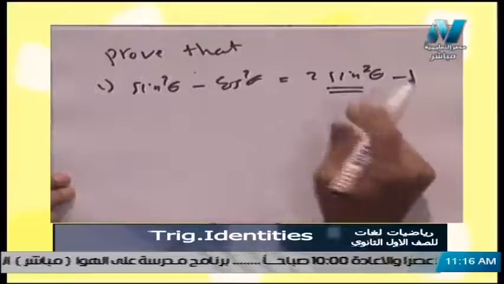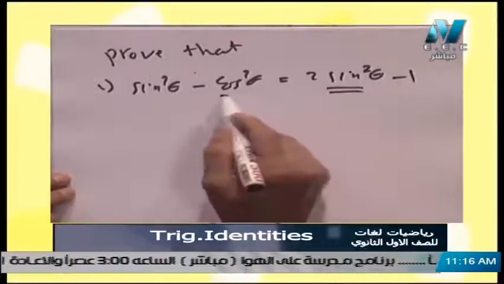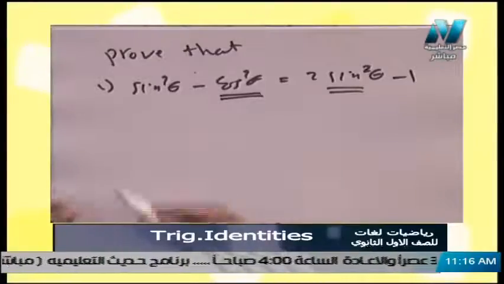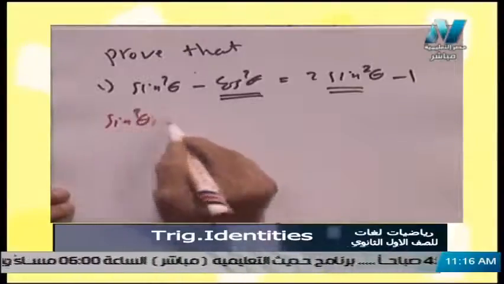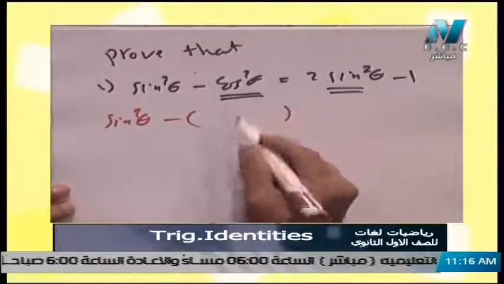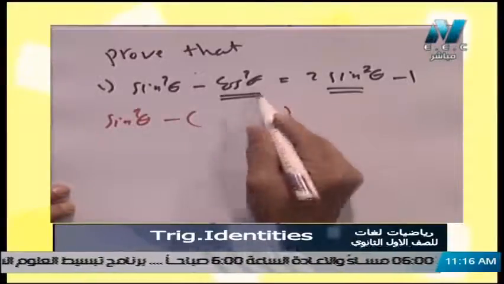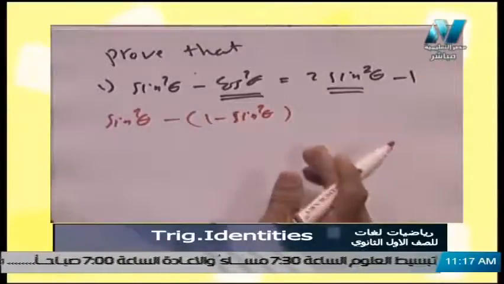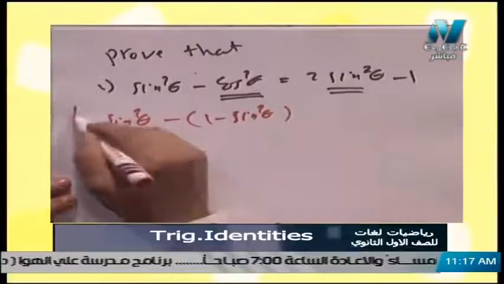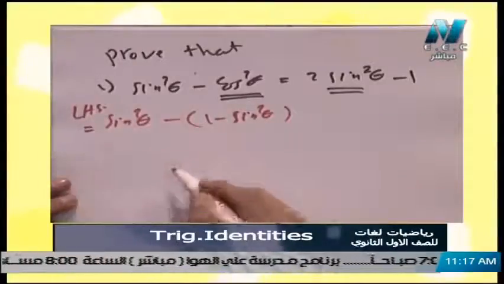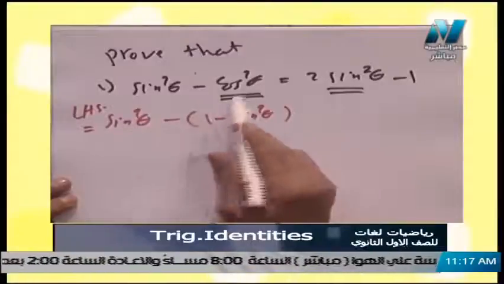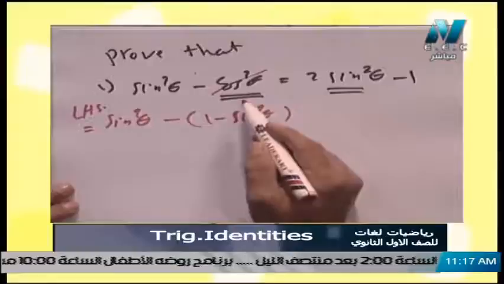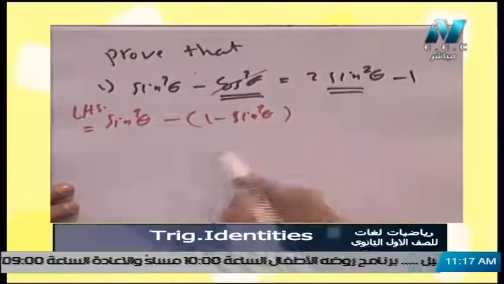This part is just sine, and cosine must be omitted here. So we write sine power 2 theta as it is, minus, we know that cosine power 2 theta we can write as 1 minus sine power 2 theta. Why? Because we want sine only. This is the left hand side: sine power 2 theta minus, we omit cosine power 2 theta and substitute instead of it 1 minus sine power 2 theta.